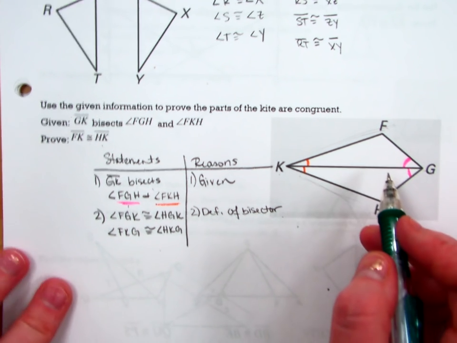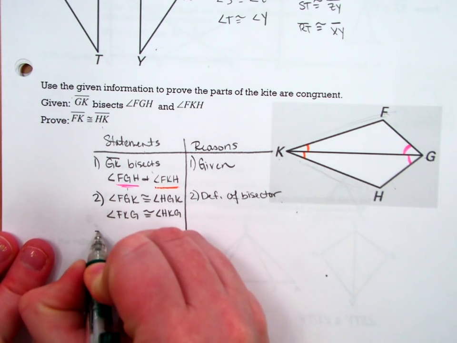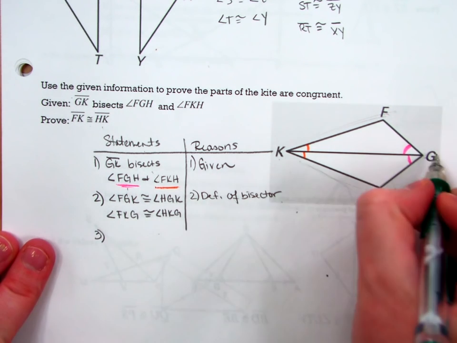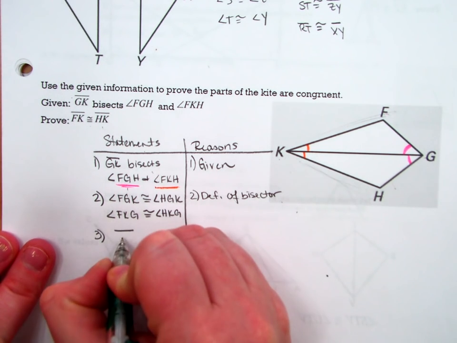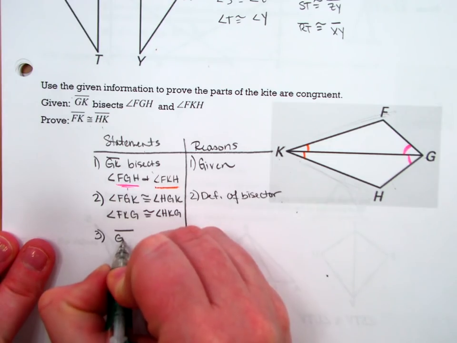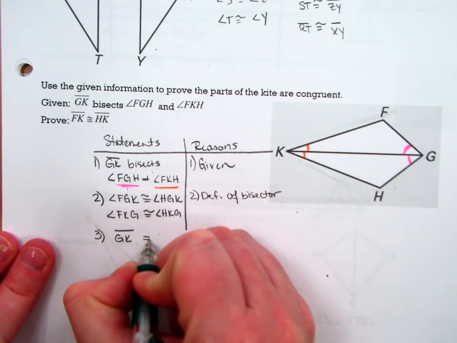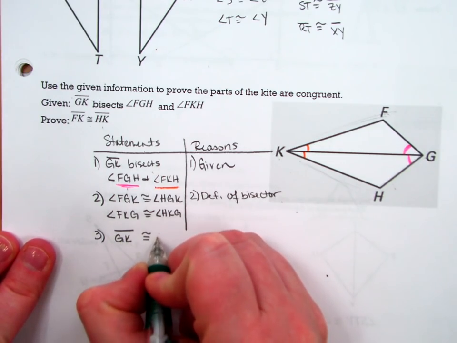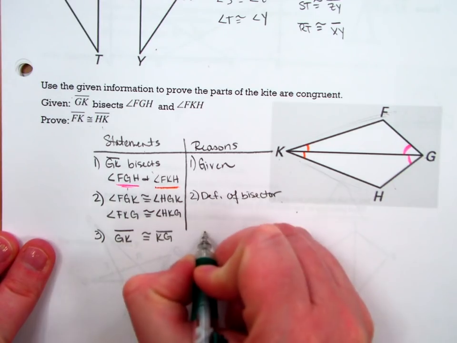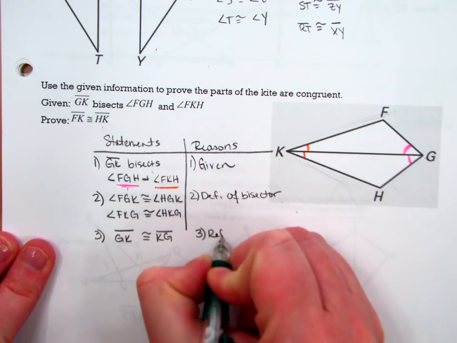So number 3, I have GK is congruent to KG, and my reason is reflexive property of congruence, so POC.